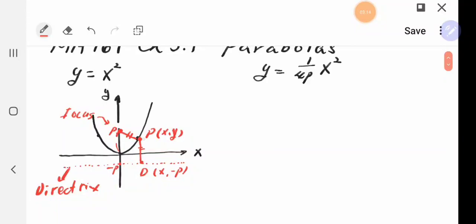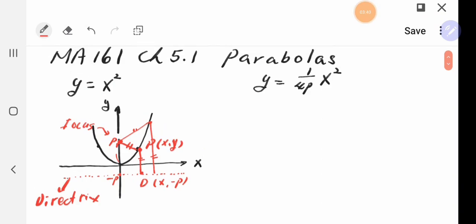So that the distance from a point on the curve to the focus should be equal to the length from that point to the directrix. So this graph is always the same. If here's a point, then this length should be equal to this length. This is not drawn to scale, but it looks like this.